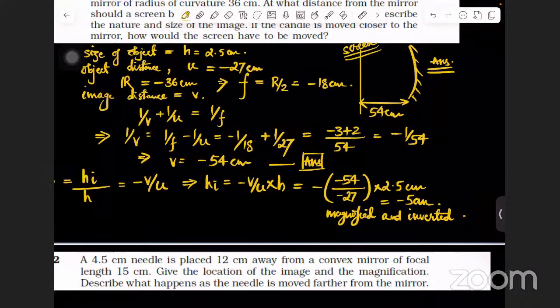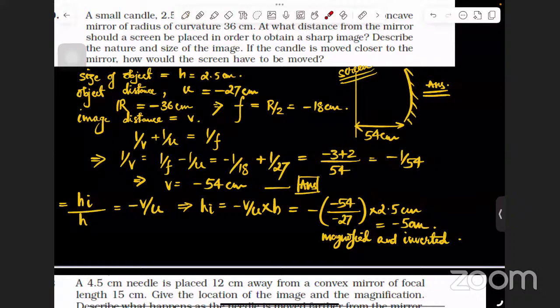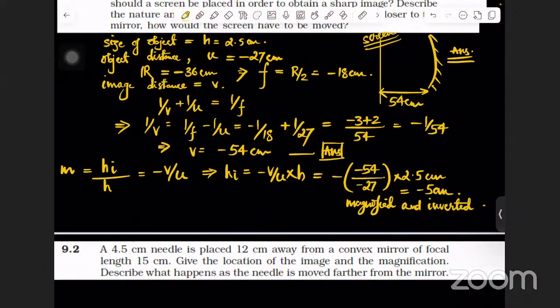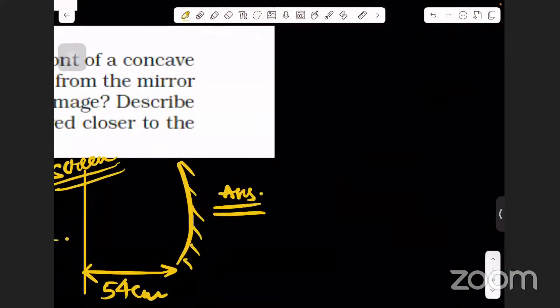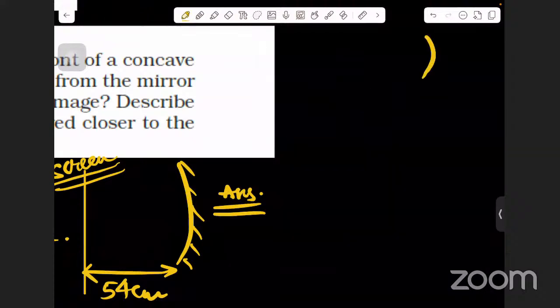And the next part of the question is, if the candle is moved closer to the mirror, how would the screen have to be moved? So, if I just take you back to the basic ray diagrams for a concave mirror, let's say this is the concave mirror. Just for your understanding, I'm drawing the principal axis.